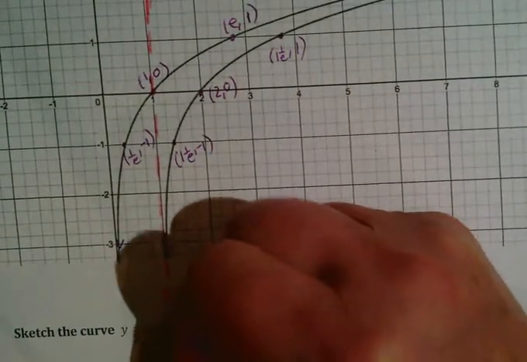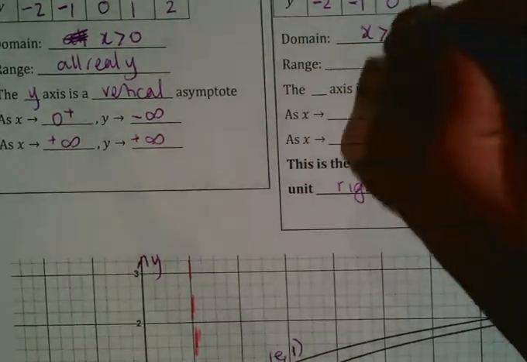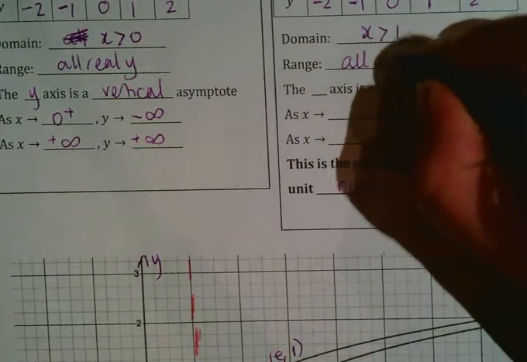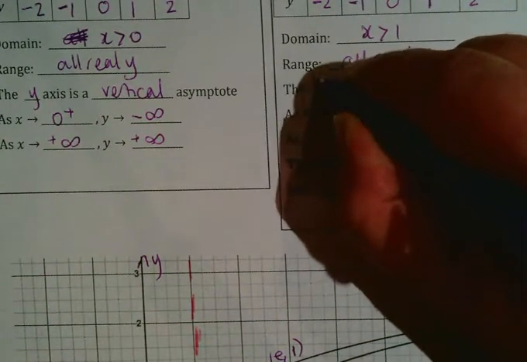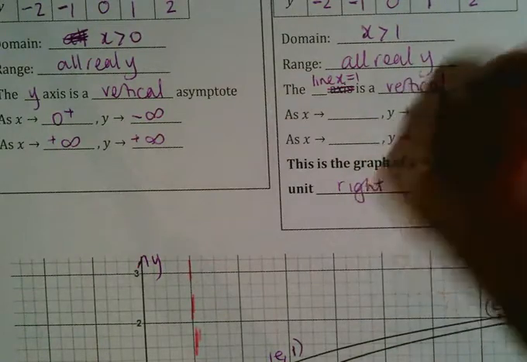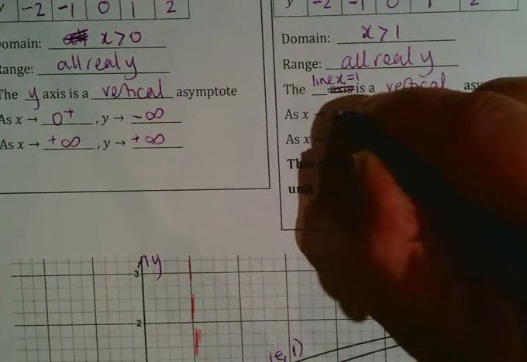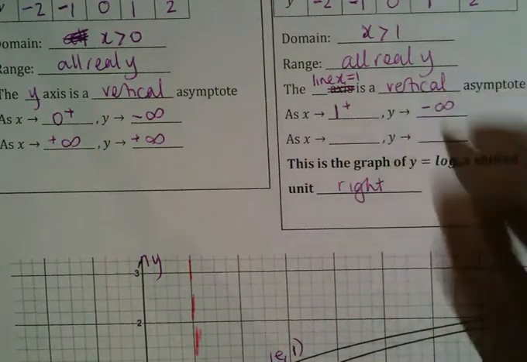Okay, so domain, be careful, is going to be x. This time x is greater than 1. Your range, again, is still all real y, and it's not the x-axis, sorry, it's the line x equals 1 that is a vertical asymptote. As x approaches 1 from above, y approaches negative infinity.